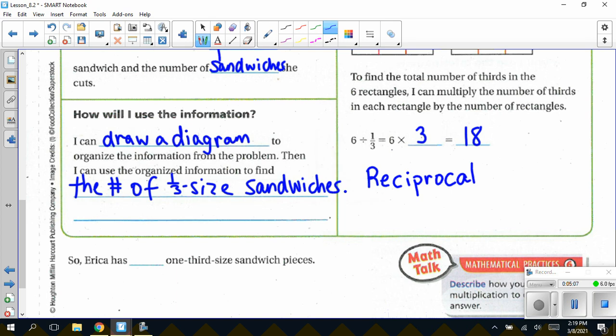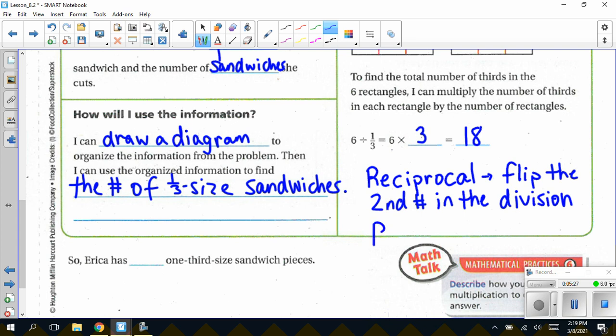So when you take the reciprocal, flip the second number in the division problem. And then change it into a multiplication problem.